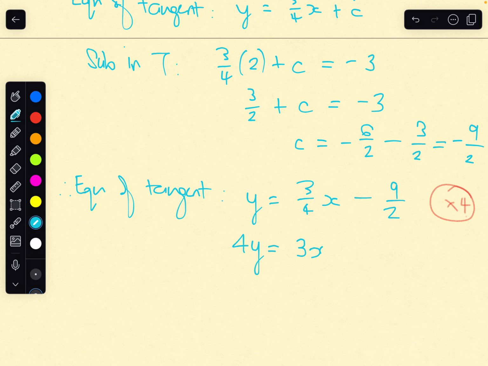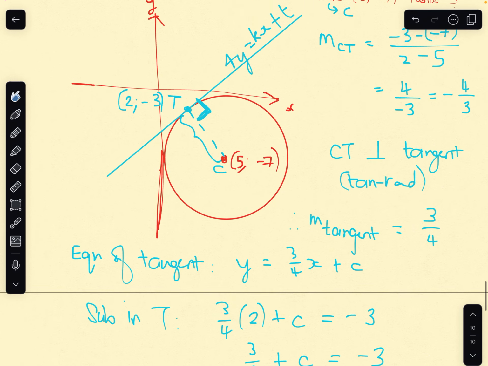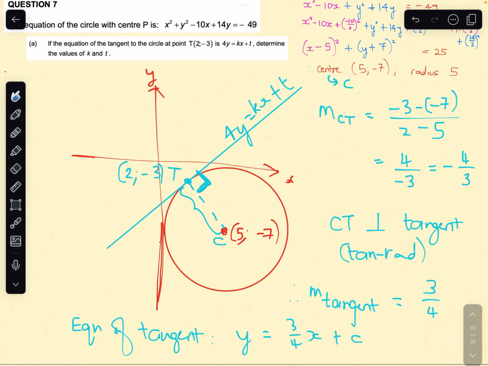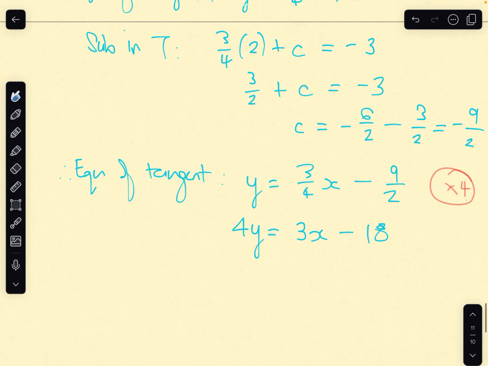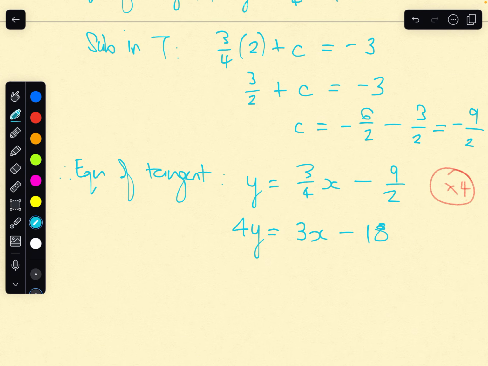This will become just 3x, and this will become -36/2, which is -18. And so the question is, what is the value of k, which is the coefficient of x, and t, which is the constant? Therefore k = 3 and t = -18.